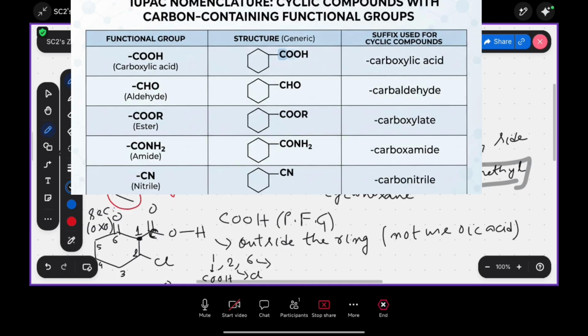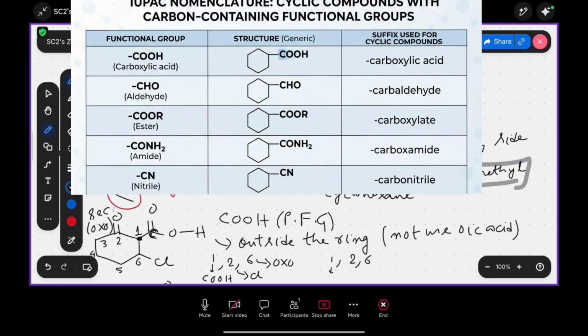And at 6th position, you have oxo. Similarly, if you number from the opposite way round, then what do you get? It is 1, 2, 3, 4, 5, 6. Then also you get the same locant 1, 2, and 6.